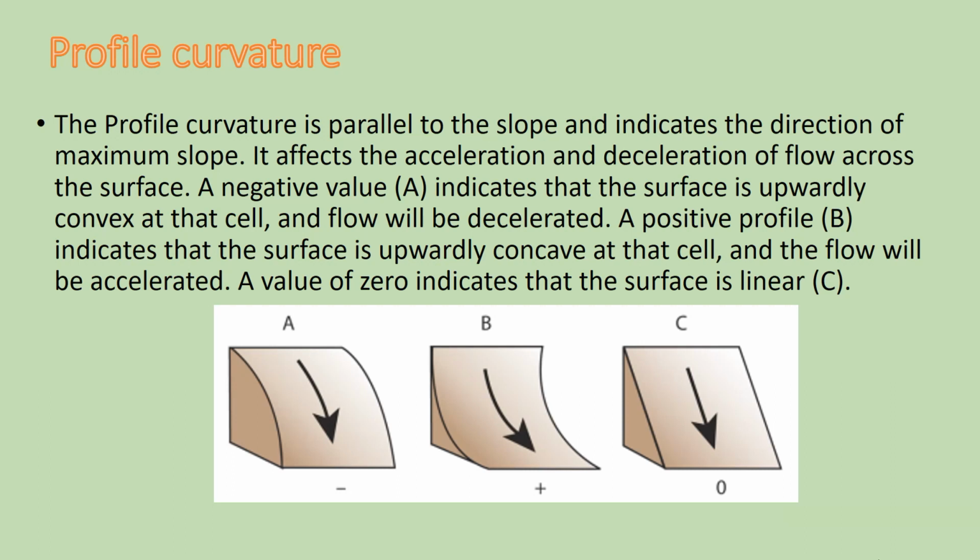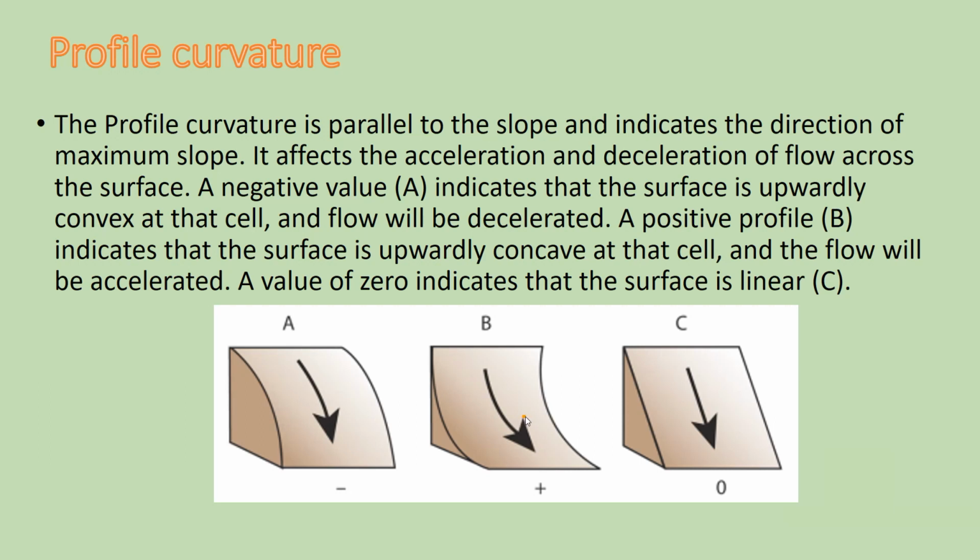So on this image you can see that if the curvature has minus values, the surface is upwardly convex, and in this case if water falls into this area, the speed of water is decelerated, and therefore such a kind of curvature is less prone to soil water erosion.